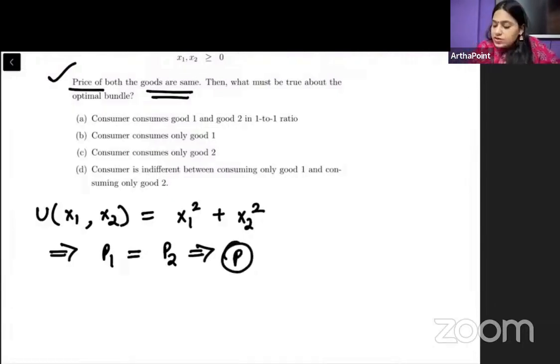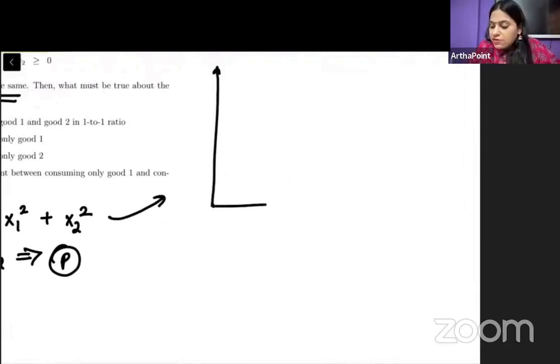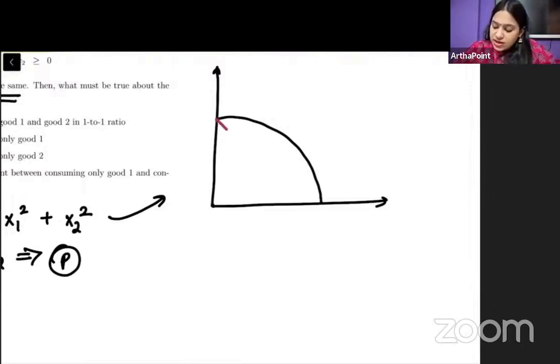Now we know that whenever we talk about concave preferences, our indifference curve looks something like this, right? And when I have a budget line where prices are equal to each other, so I have a budget line like this, right?